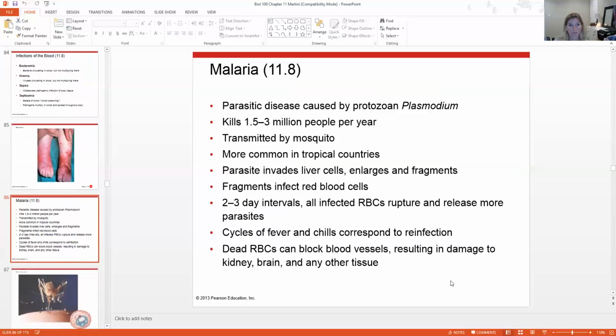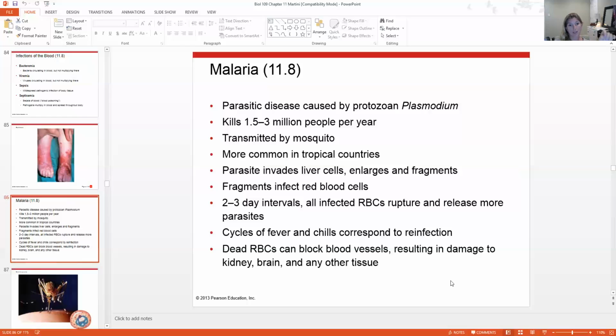Septicemia. Malaria is a parasitic condition caused by a protozoan called Plasmodium, and it kills millions of people every year. It's transmitted by a mosquito, something as simple as a mosquito. It's more common in tropical countries, and as I mentioned, individuals who have that sickling trait, just 1 copy of that sickle cell gene, are immune to malaria, kind of a benefit.